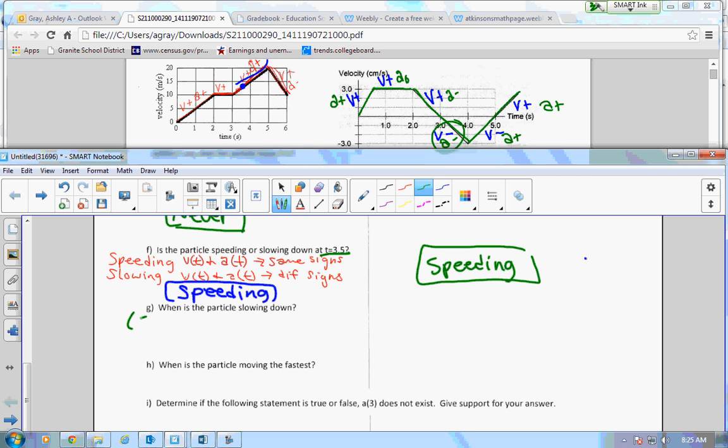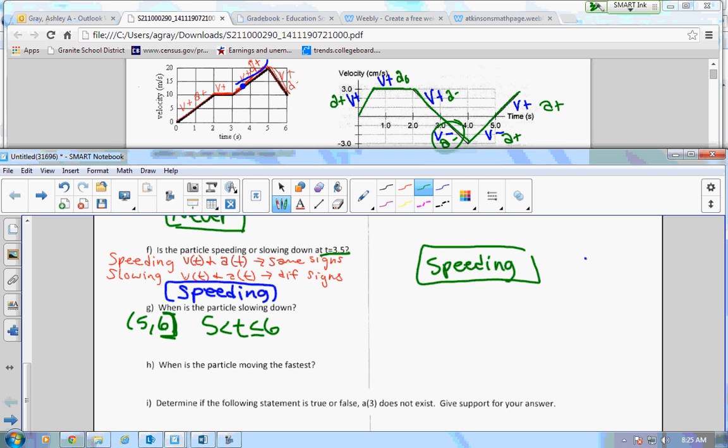So two different ways you can write that. (5, 6), or 5 less than t, which is less than 6. But is 6 an endpoint? Yeah. So I should probably actually put a bracket and an equal. It's not changing, yeah.